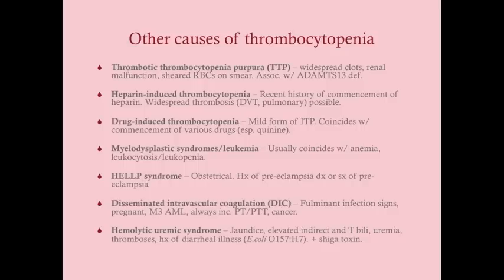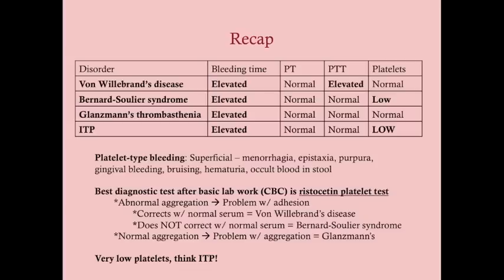So just to recap, with your bleeding studies, von Willebrand's disease is an elevated bleeding time. Well, all of these are elevated bleeding time because they're all platelet disorders, either qualitative or quantitative. With von Willebrand's disease, sometimes you can have an elevated PTT because you may have a coinciding factor VIII disorder, but for the most part, it's just going to be elevated bleeding time.